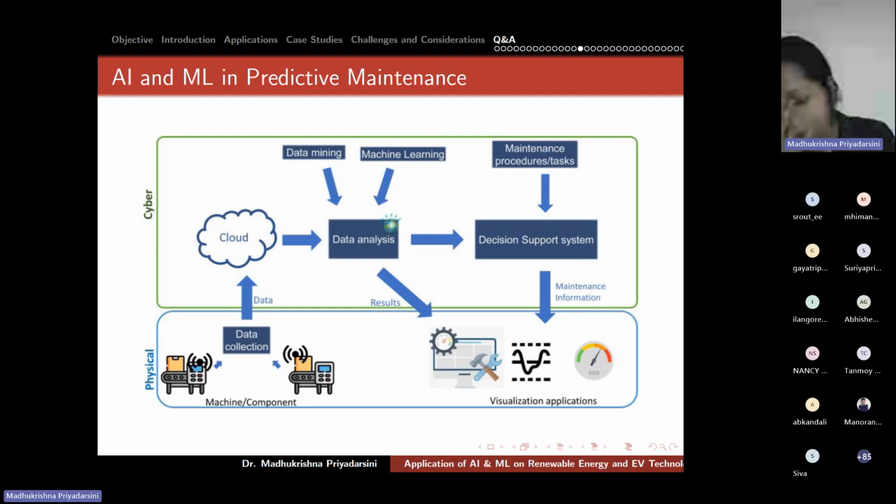So that is the prediction of the decision support system or the recommender system which will be implemented in the future. So that is the basic idea of the renewable energy field, using predictive maintenance, how in future you are going to implement it.